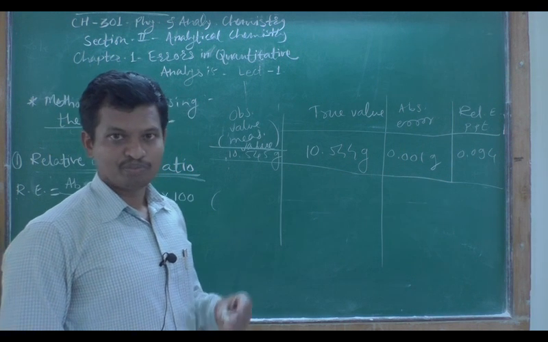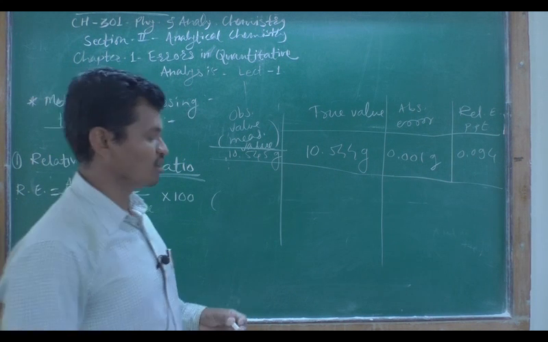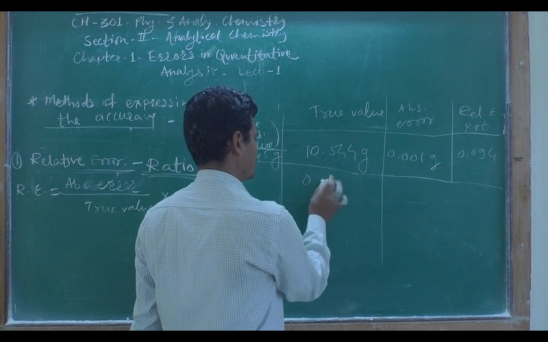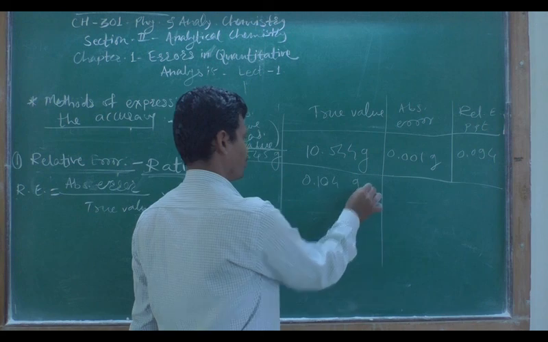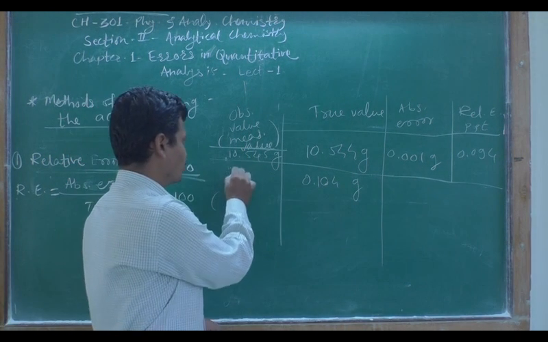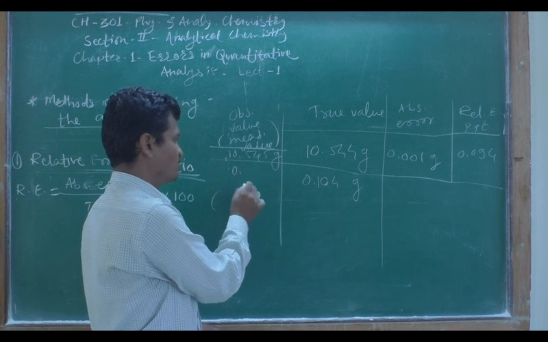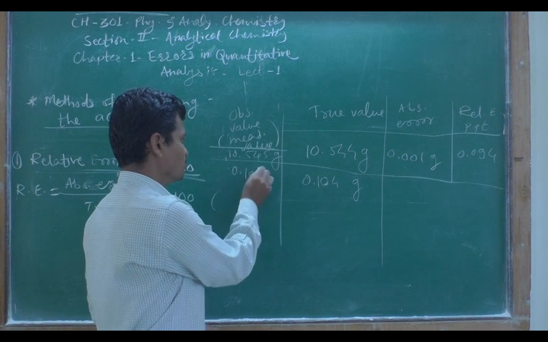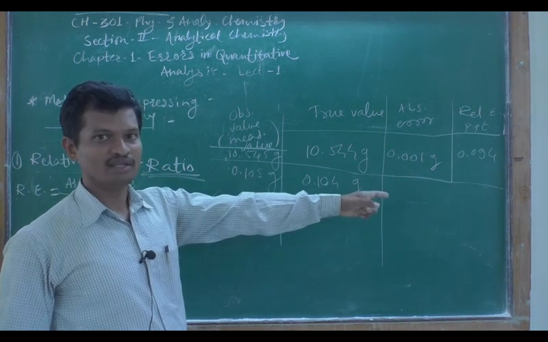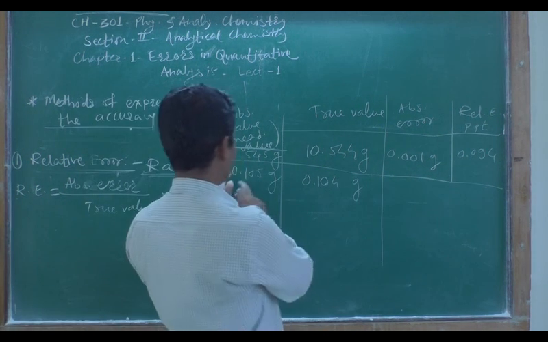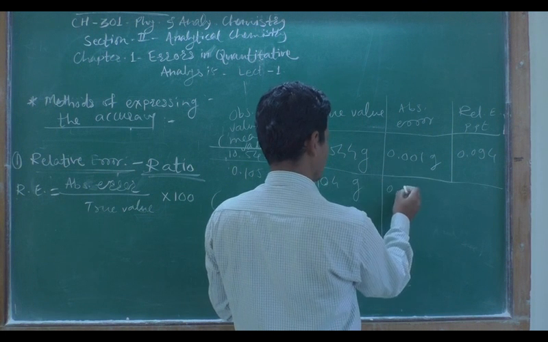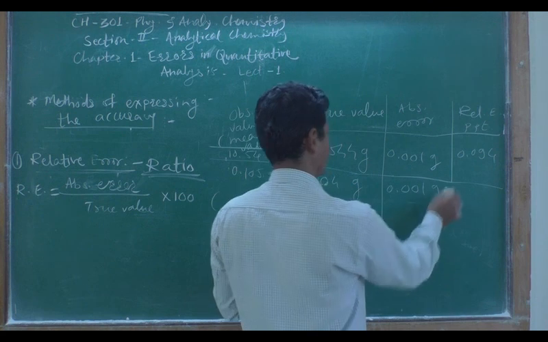Now in case of a smaller value, for example the true value is 0.104 gram, and the observed value when weighing is 0.105 gram. Again, what is the absolute error? We get the same result, 0.105 minus 0.104, that is 0.001 gram.